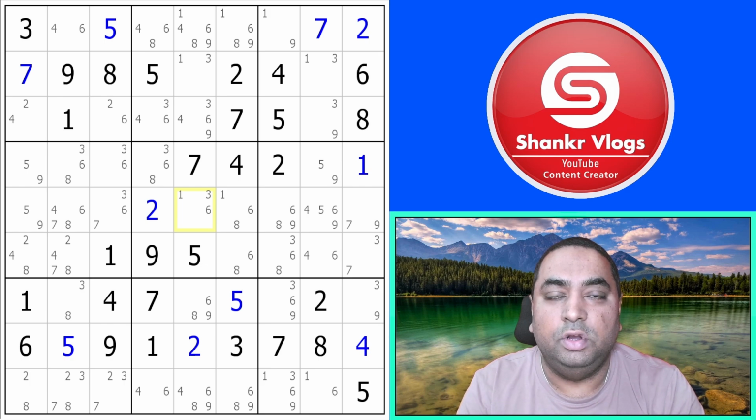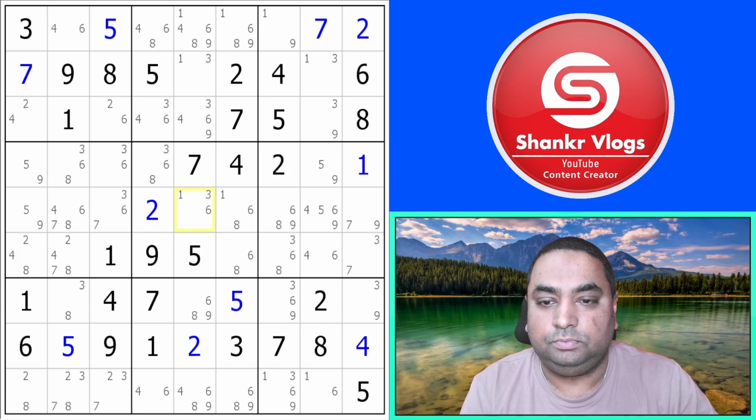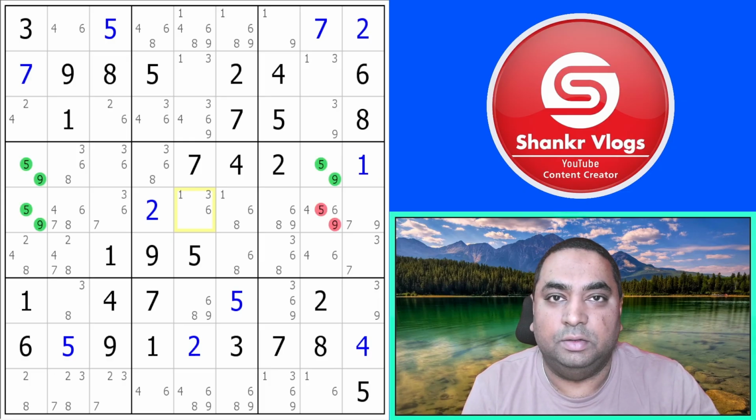So now we are going to see how to identify a unique rectangle. First, type 1 unique rectangle, which is very easy to identify.